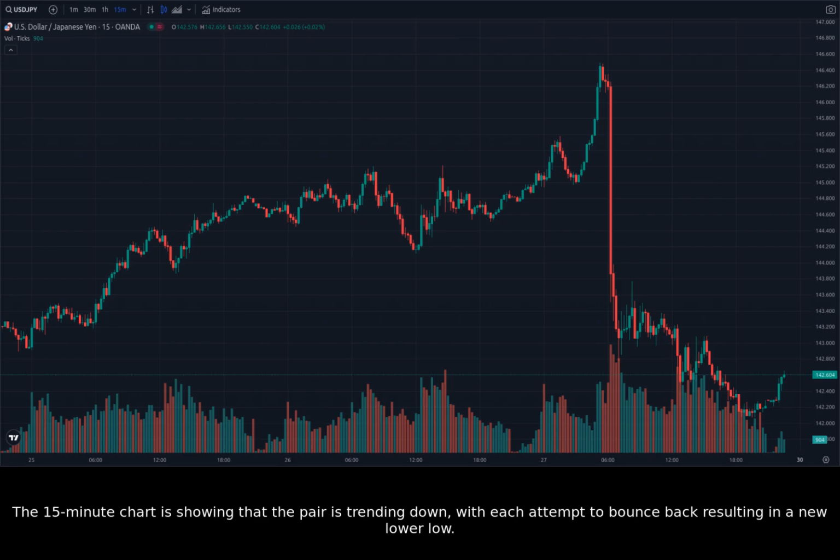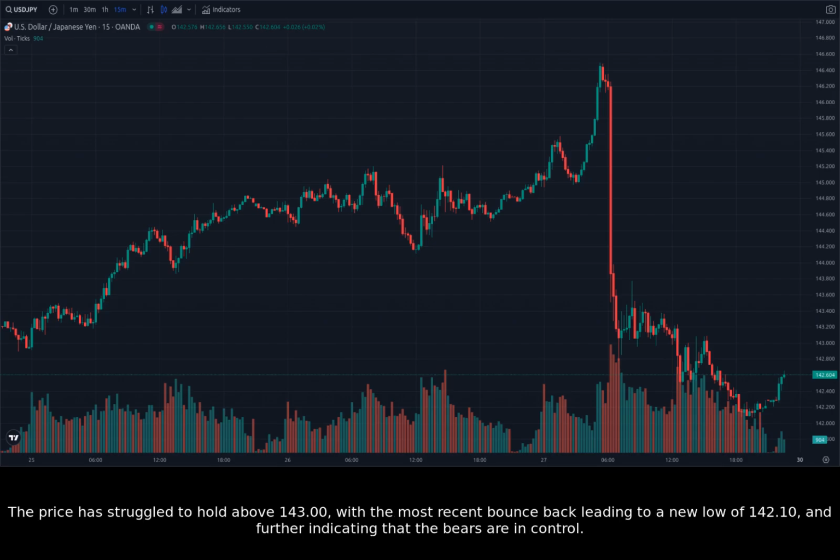The pair is trending down, with each attempt to bounce back resulting in a new lower low. The price has struggled to hold above 143.00, with the most recent bounce back leading to a new low of 142.10, further indicating that the bears are in control.